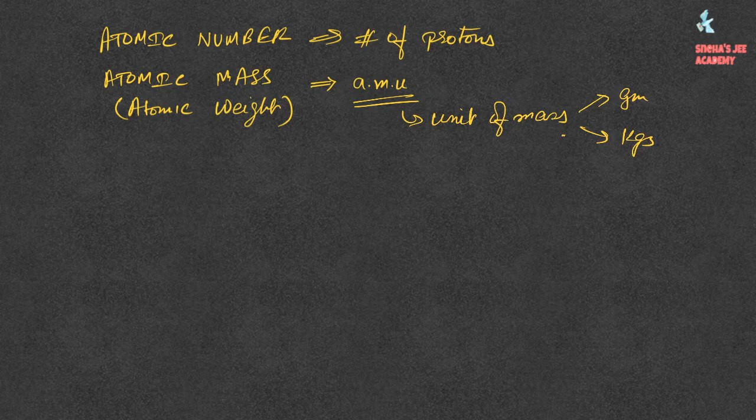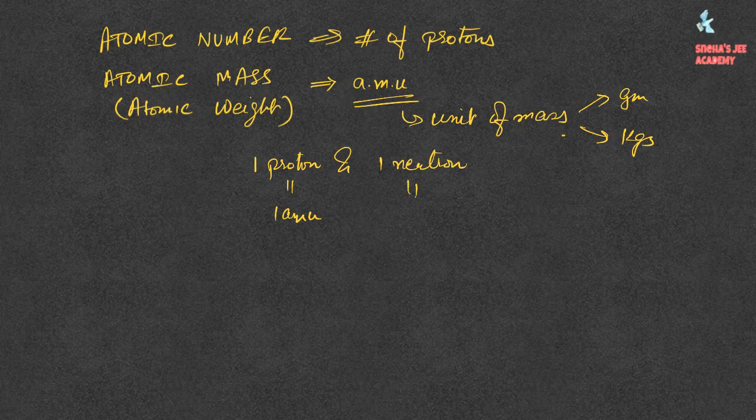Okay, so AMU is a unit of mass, and one proton is equal to 1 AMU, and typically one neutron is also approximately equal to 1 AMU.